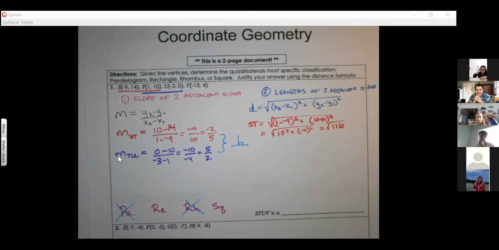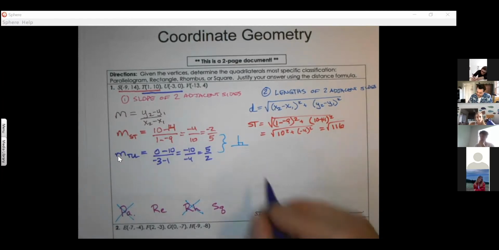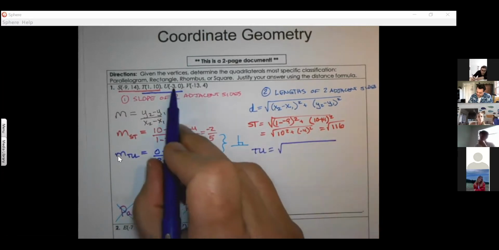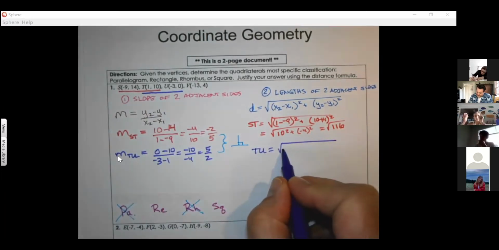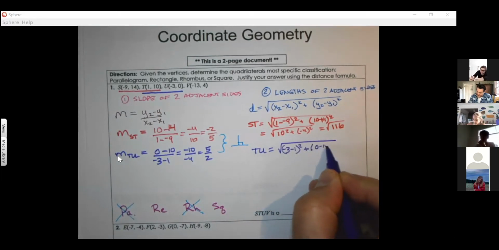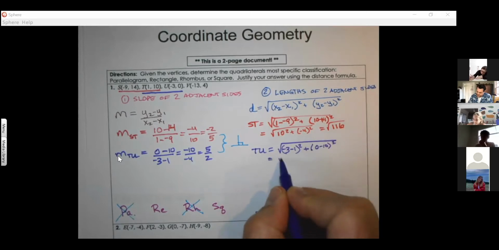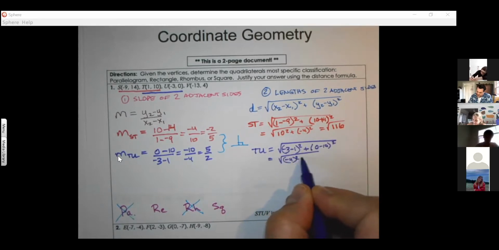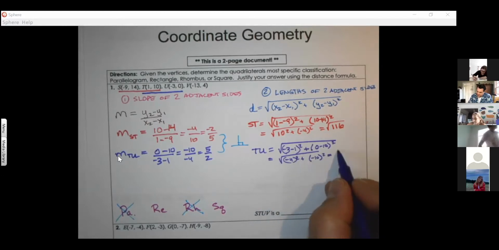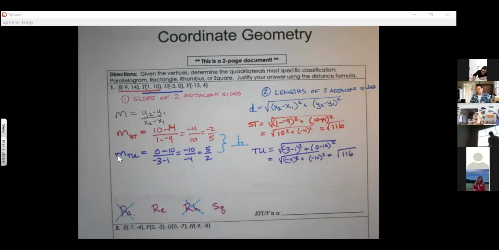Okay, what else do I need to find? The distance of TU. Good. So I'm going to find the length of TU. So x first, negative 3 minus 1, squared, plus 0 minus 10, squared: negative 4 squared plus negative 10 squared, 116, square root of 116.